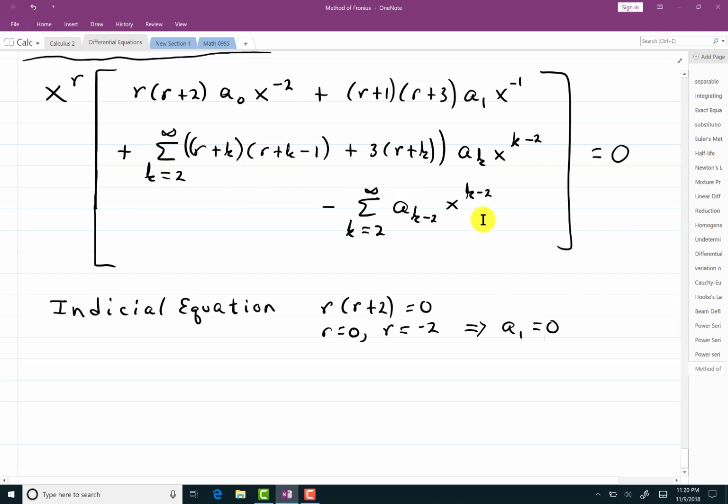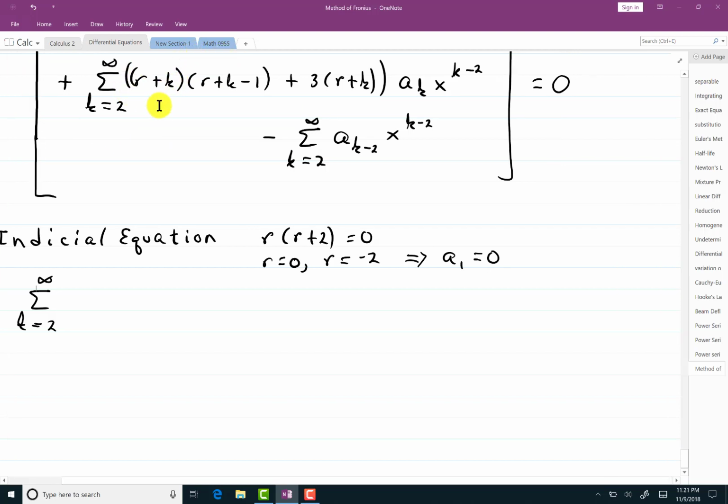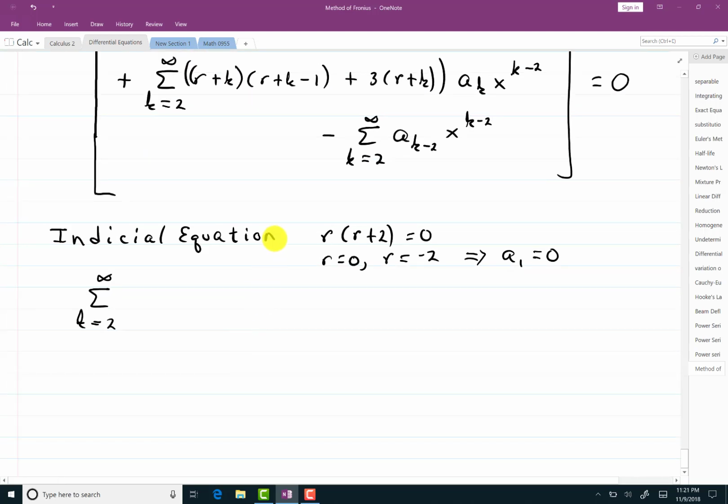I'll go ahead and pull this a sub k minus 2 in. We'll get the sum, k equals 2 to infinity. Here, I'm going to do similar to what I did above. I'm going to factor out an r plus k from both pieces up here, and that will leave me with an r plus k minus 1, but then plus 3.